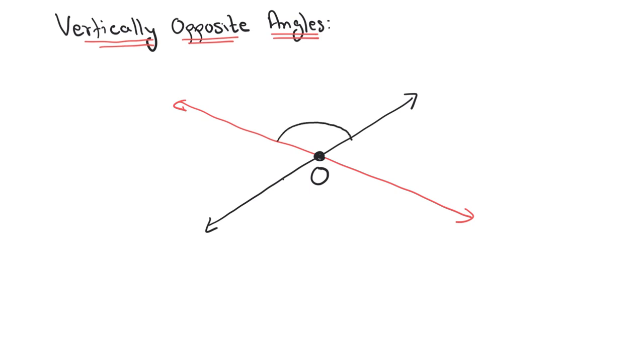This and this angle are vertically opposite to each other, and this and this angle are vertically opposite to each other. So let us label them as X and Y and A and B.